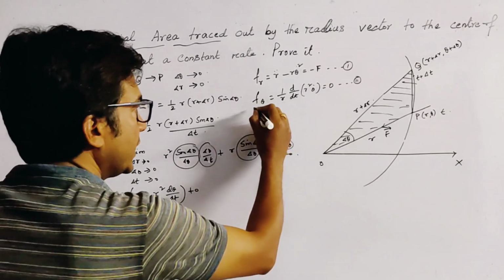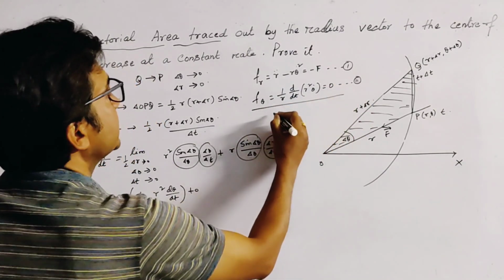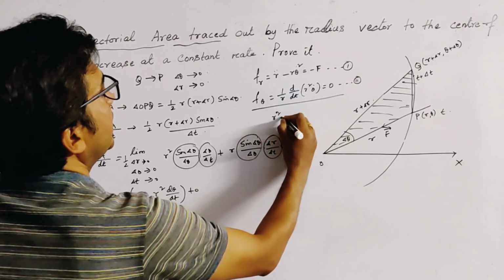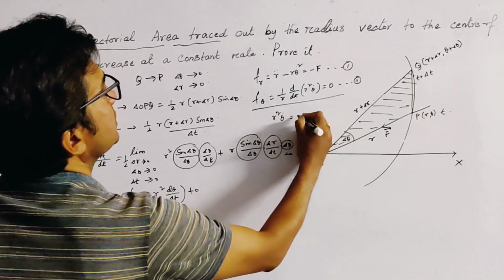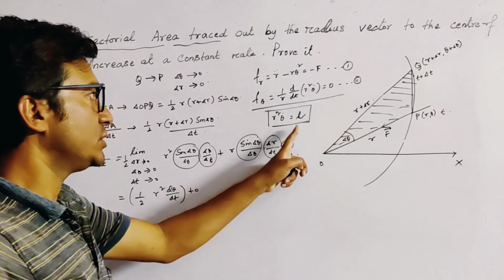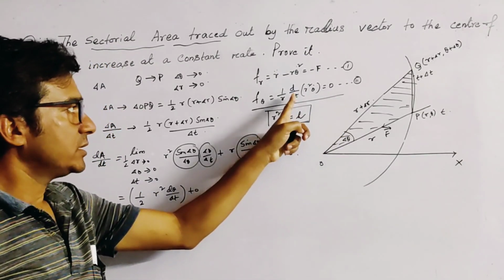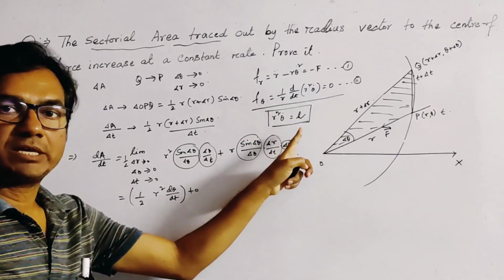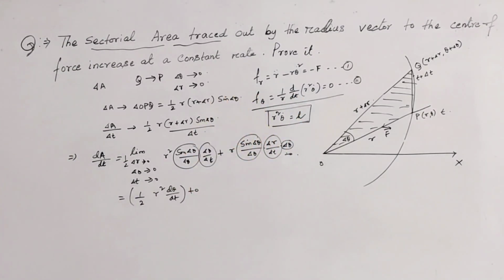Now from the second equation of motion, we get r square theta dot equal to h. This is a standard result, and h must be constant, by integrating. This is the standard constant of central orbit.